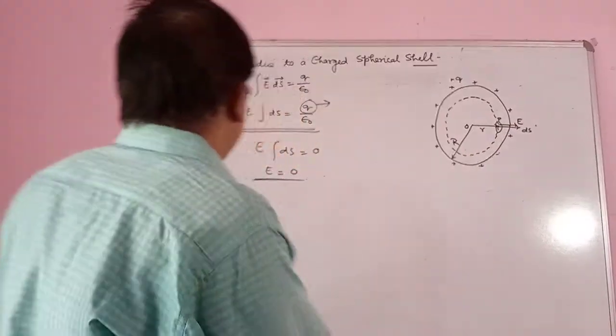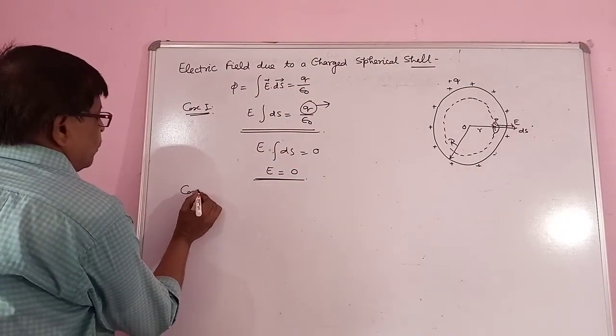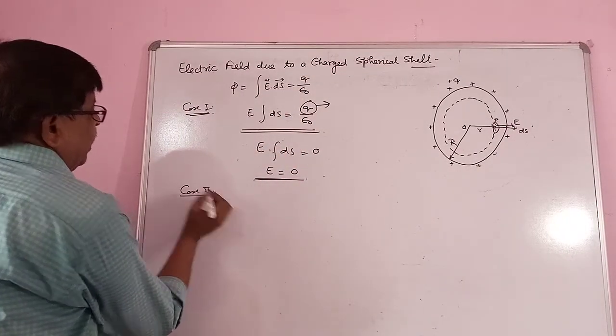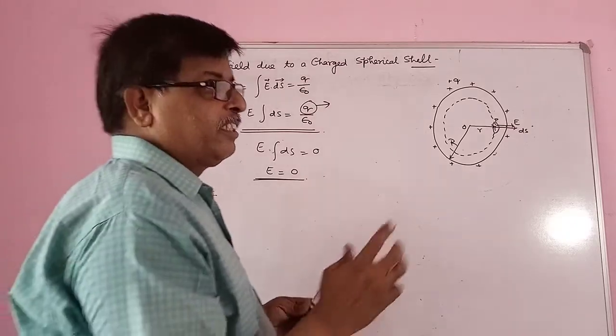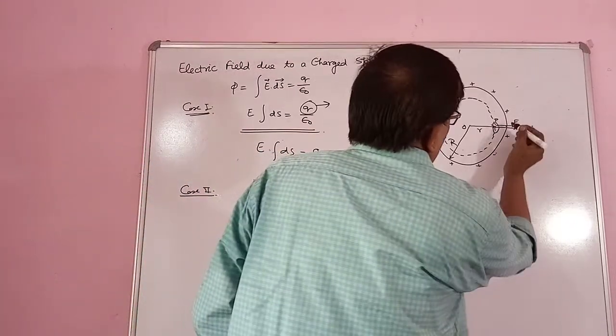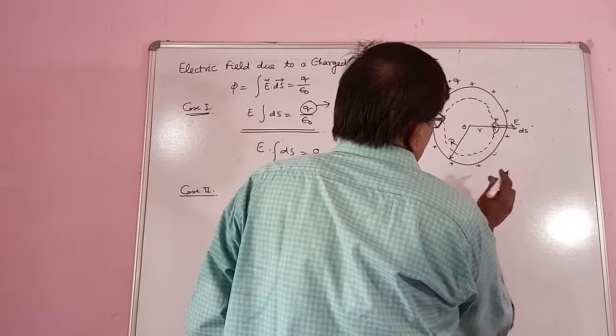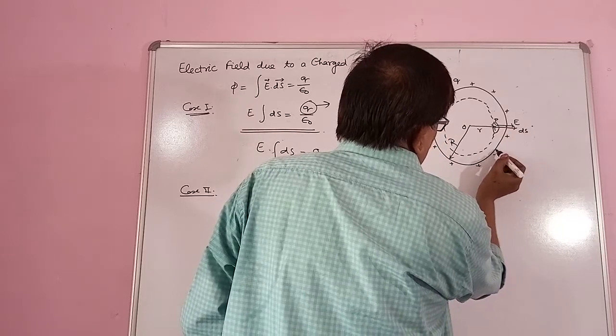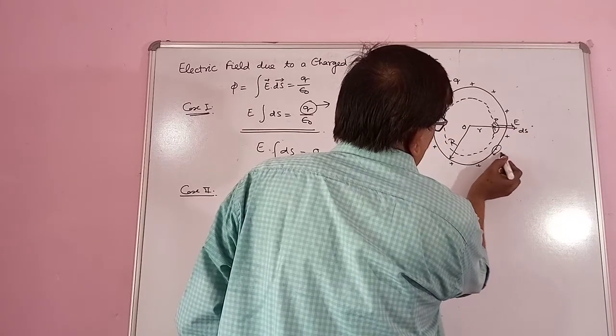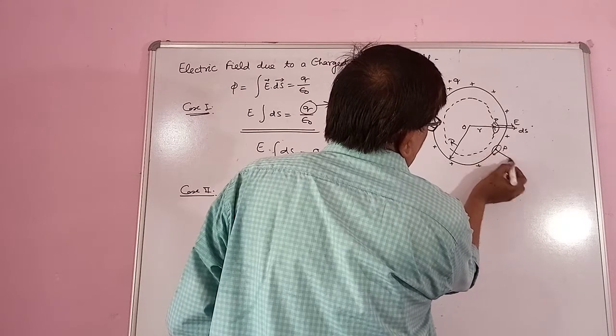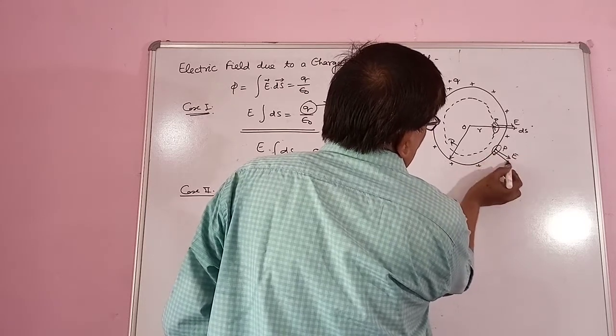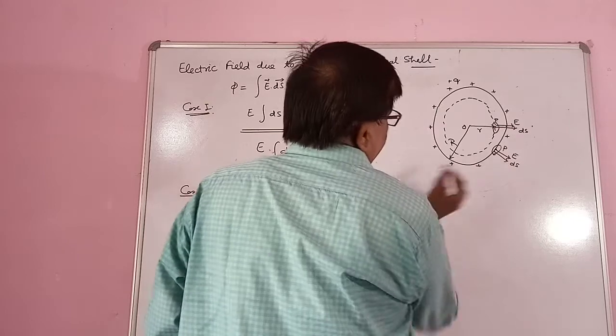Now the second case. We take point P at the surface. This is our point P, and this is the electric field. This is a small element ds.